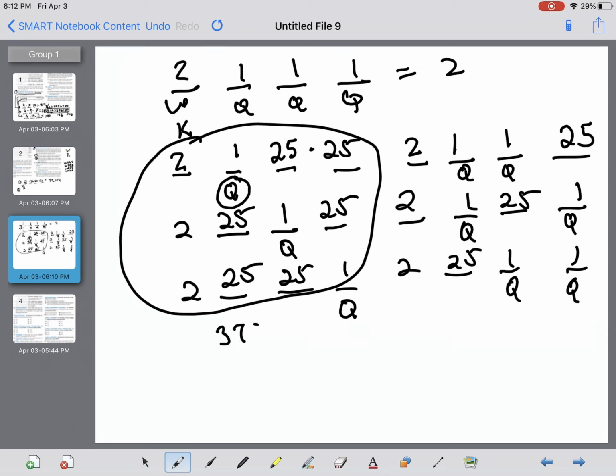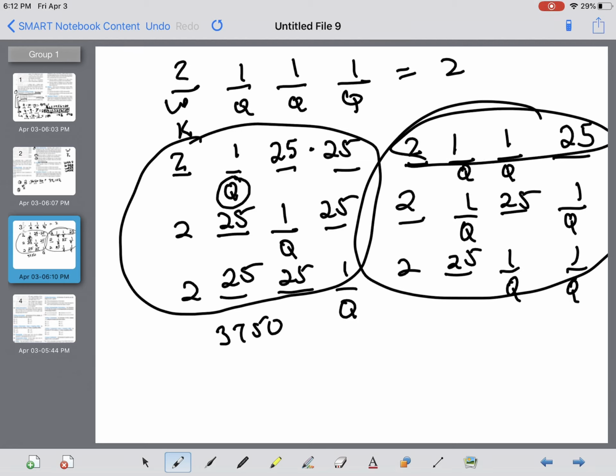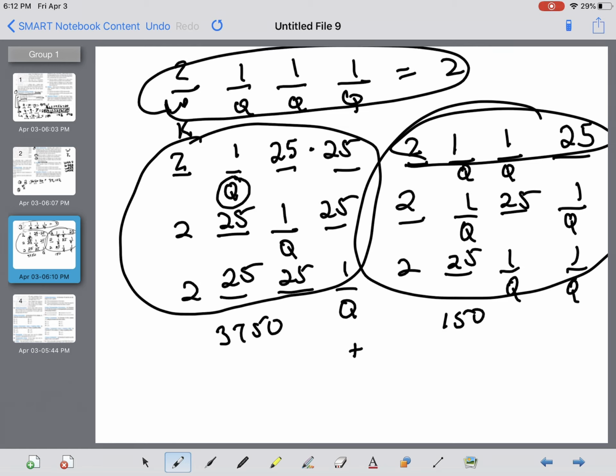So this is 3750. There's 50 of these, and then there's 3 of them, so that's 150. And then these other 2 where you had all 3 Q's. So I'm adding all this together, and I get 3,902 ways.